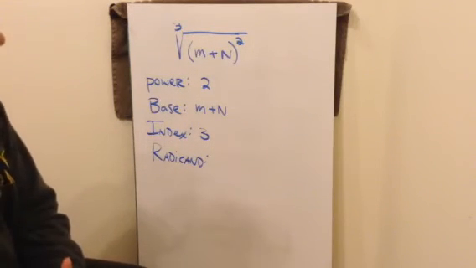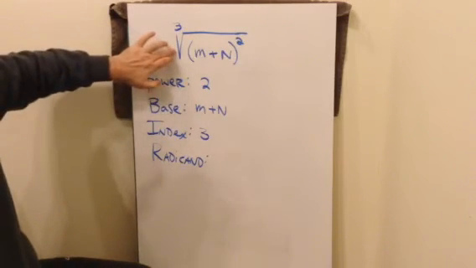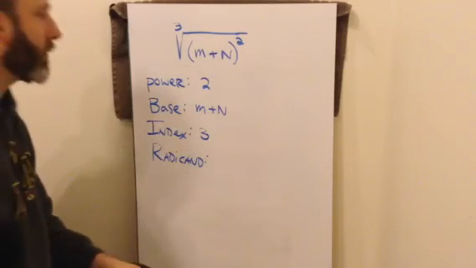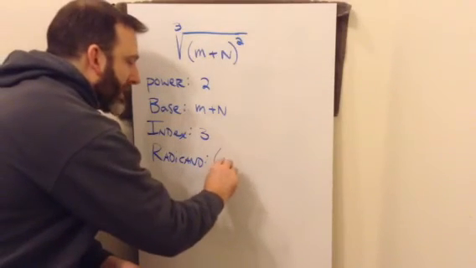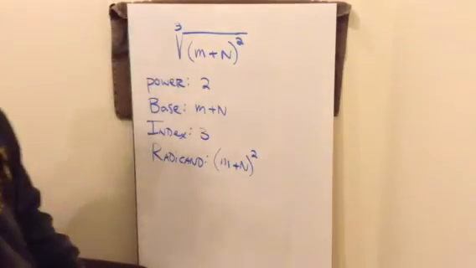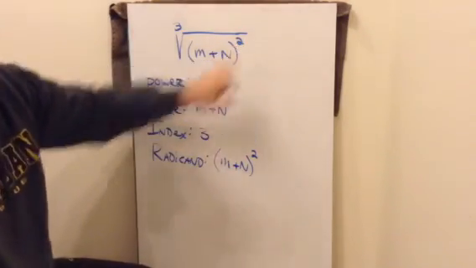Oftentimes, what I have students do at this point, when I ask for the radicand, is draw this symbol. The radicand is the expression underneath the radical symbol. So this is the entire expression, m plus n quantity squared. Sometimes the radicand and the base are the exact same when the power is a 1.